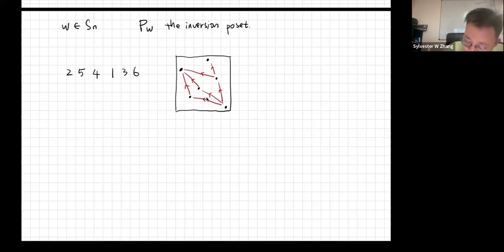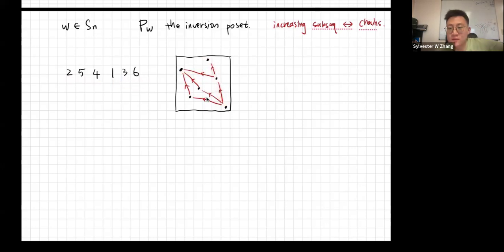So the increasing subsequences of your permutation are going to correspond to chains in the poset. For example, you have 2, 5, 6; 2, 4, 6; 2, 3, 6; and you also have 1, 3, 6.